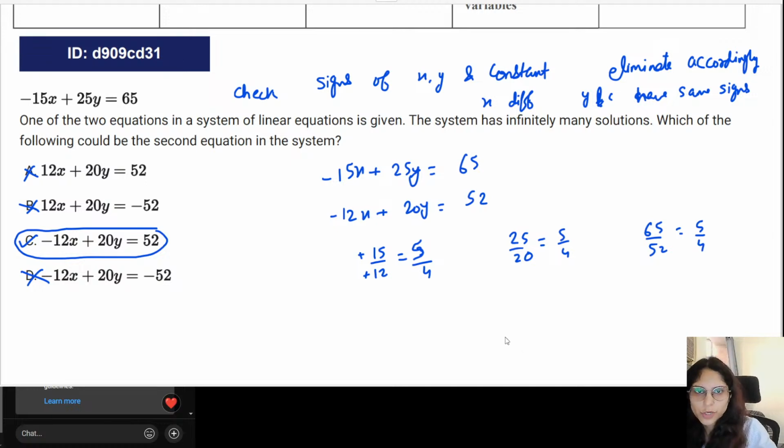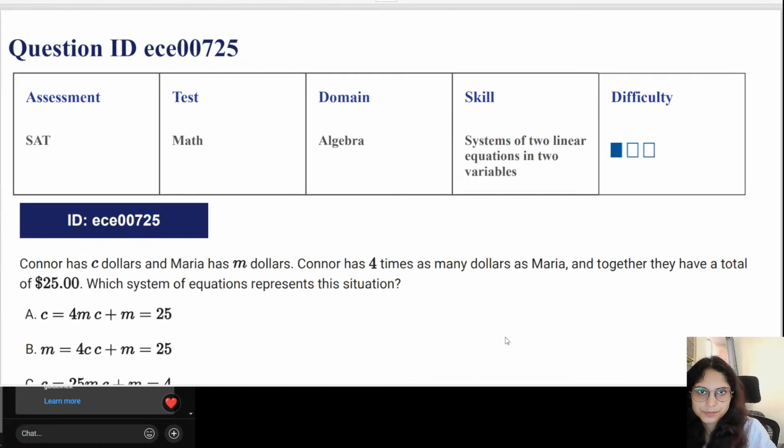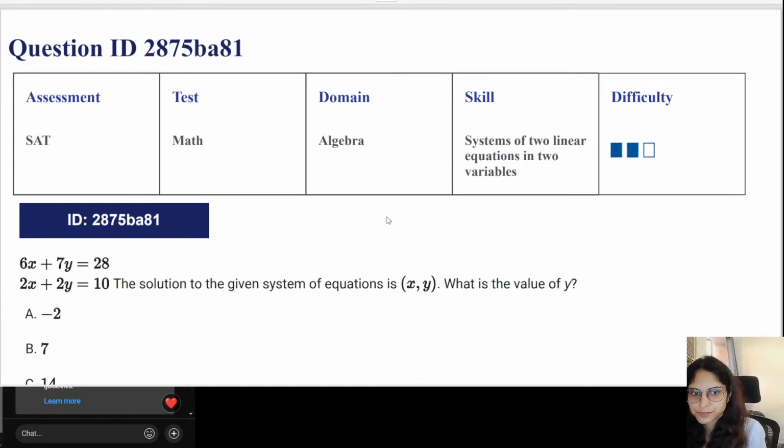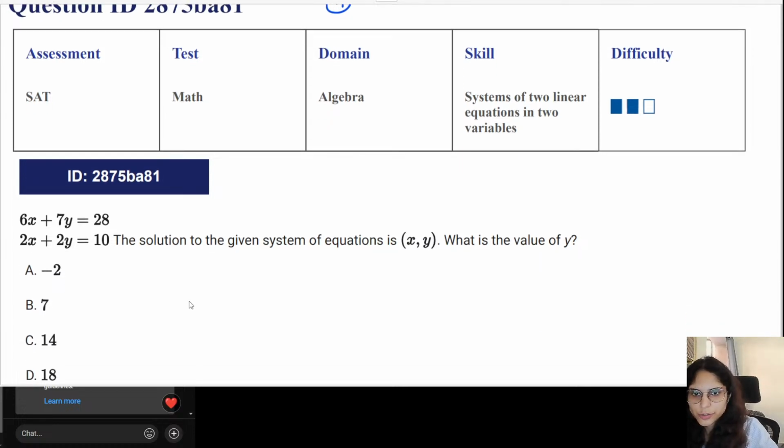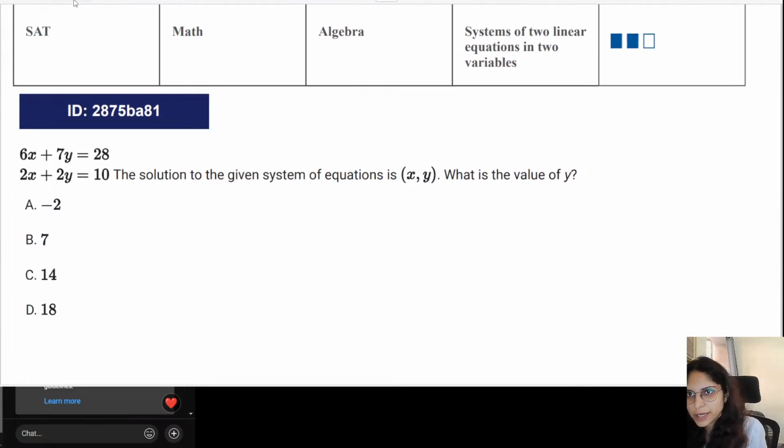Next is question number 41. Okay, solution is given, you have to find the value of y.